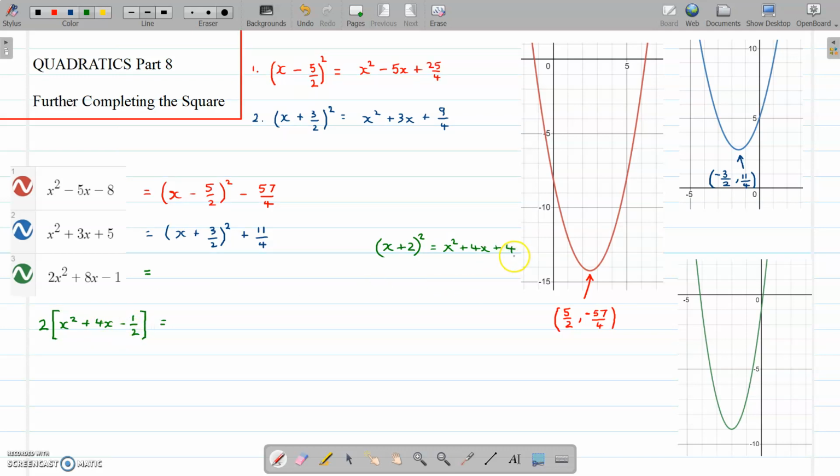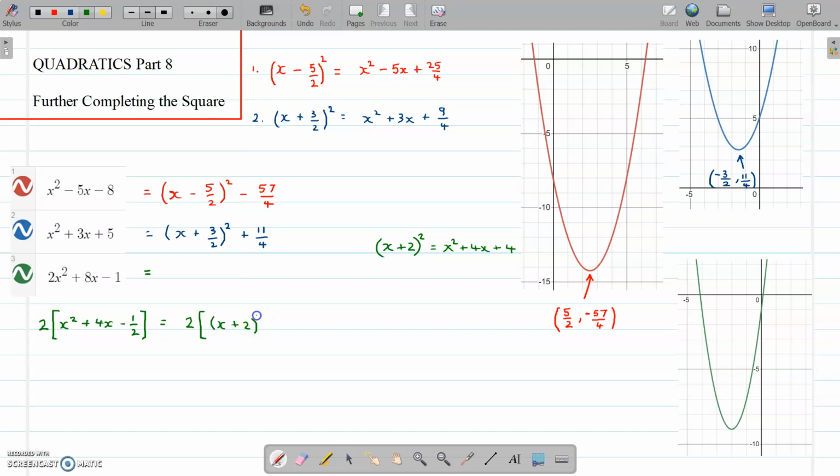But what I need is x squared plus 4x minus a half. So I can think of the 4 as 8 halves, 8 over 2, but I need to get back to minus 1 over 2. So from the completed square, I need to subtract 9 over 2, 9 halves. So I could rewrite this as 2 lots of x plus 2 all squared.